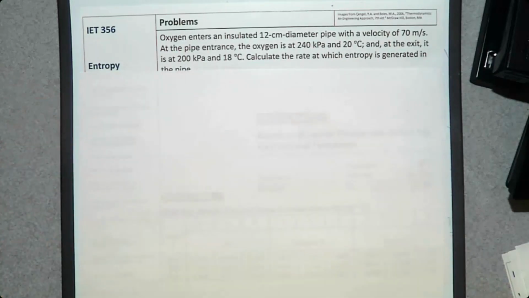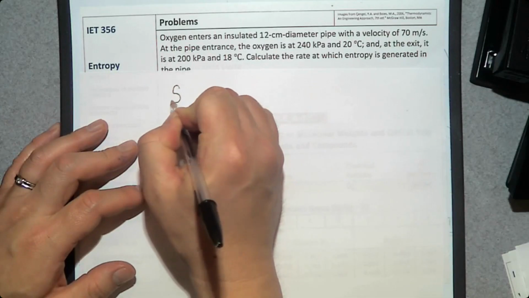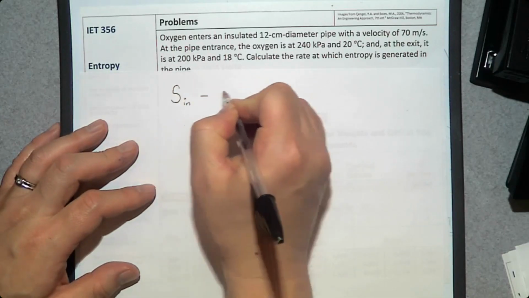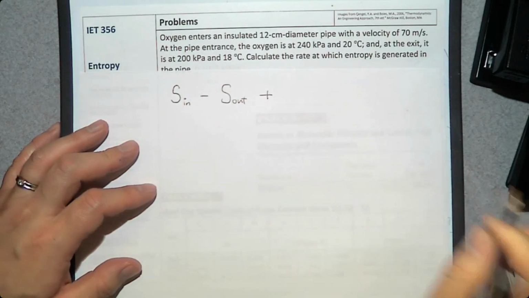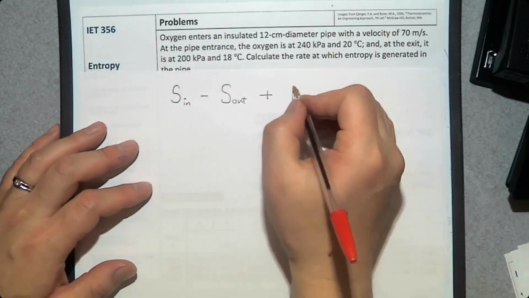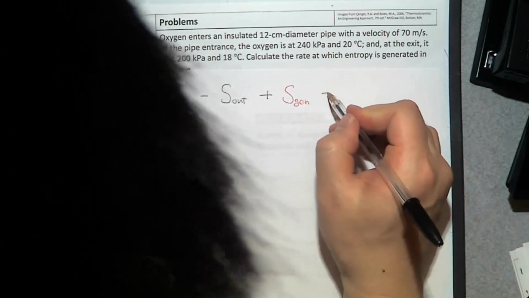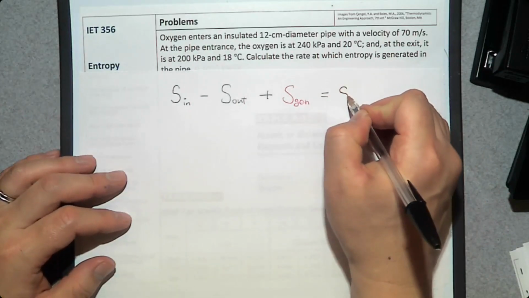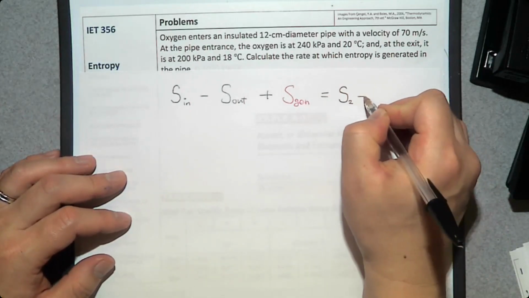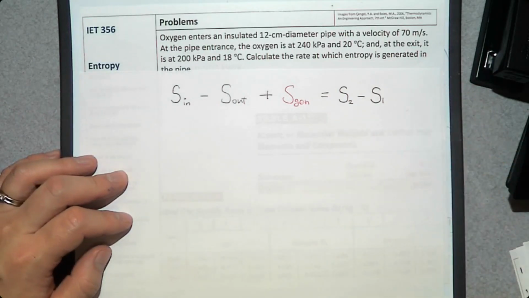The entropy balance equation can be made by this equation: entropy transfer in minus entropy transfer out plus entropy generation is going to be the change of entropy of the system, which is the total entropy at the final state S2 minus the total entropy at the initial state S1.